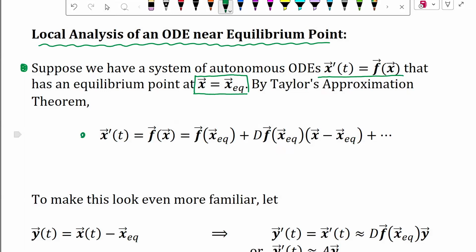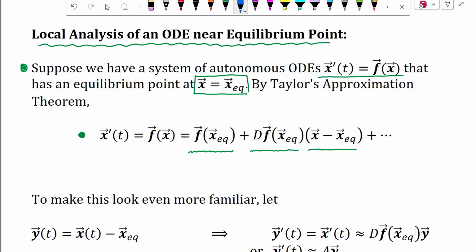Now, by Taylor's approximation, we can expand the derivative of x, which is f of x, in the following way. We evaluate the vector function f at the equilibrium point x sub eq, and then we take the Jacobian matrix evaluated at the equilibrium point x sub eq times x minus x sub eq, and so forth. So this is the first order approximation.